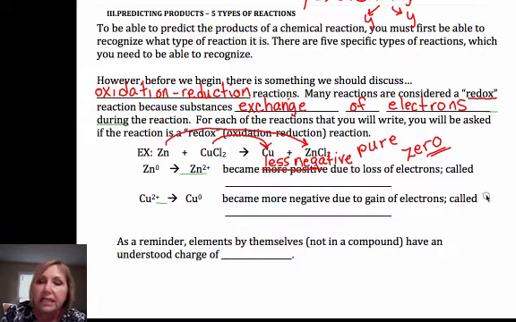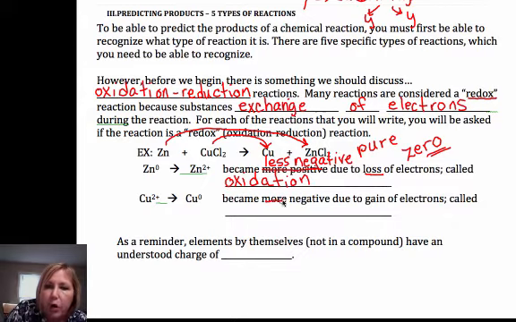So if it's less negative, it's due to a loss of electrons, and that process is called oxidation. If it's more negative, that must mean we're gaining those negative particles, and that's called a reduction. So I'll talk about things being either more negative or less negative.